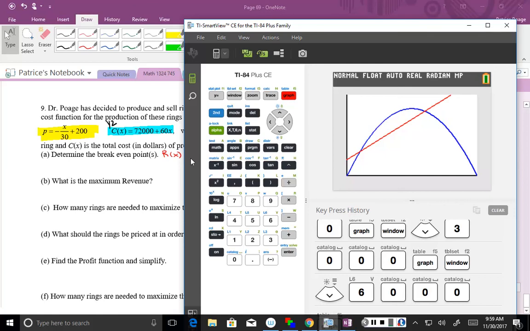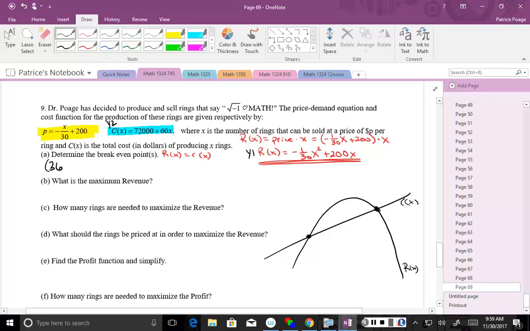All right, so I'm finding my break-even points, my points of intersection. I'm going to go to second trace, number 5, enter, enter, enter. So there's one of them, 3,600 and 288,000. That was the larger one over here.